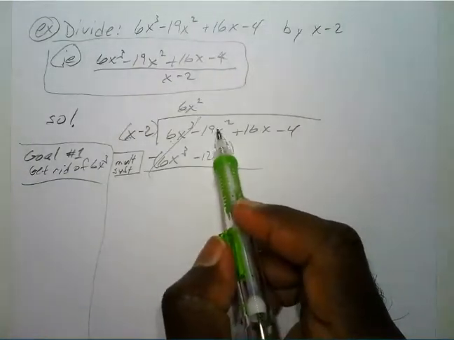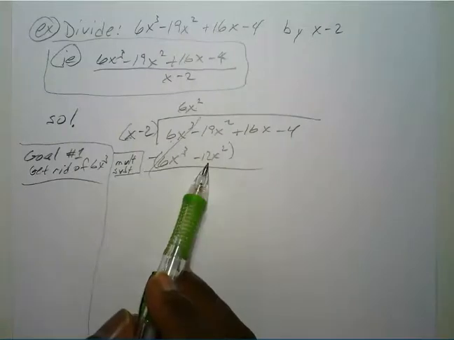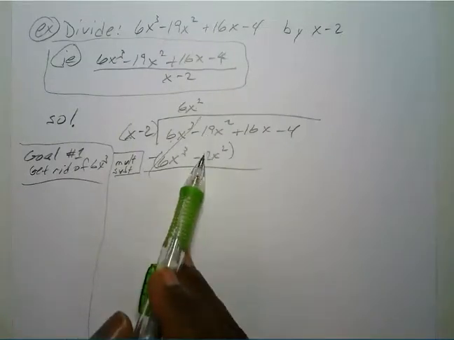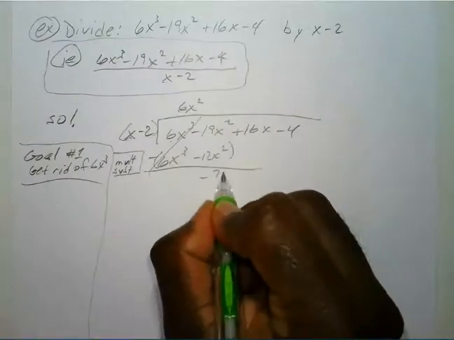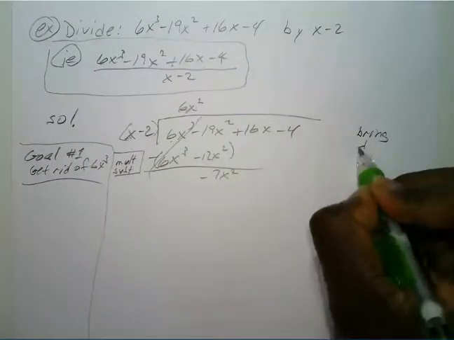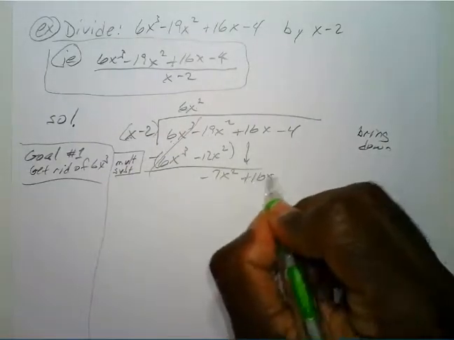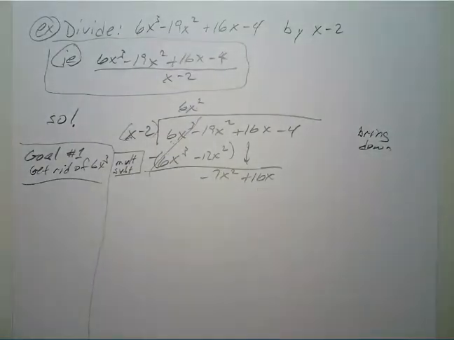Okay, so negative 19x squared, remember, you distribute this negative, this becomes plus. Negative 19x squared plus 12x is negative 7x squared. And now we bring down 16x. Okay, so you kind of see the pattern.